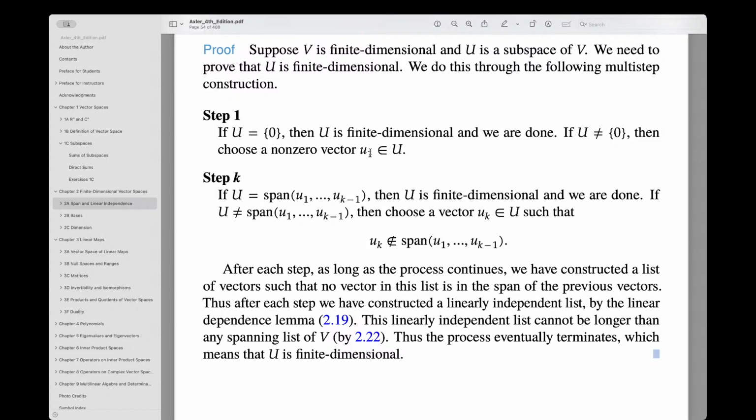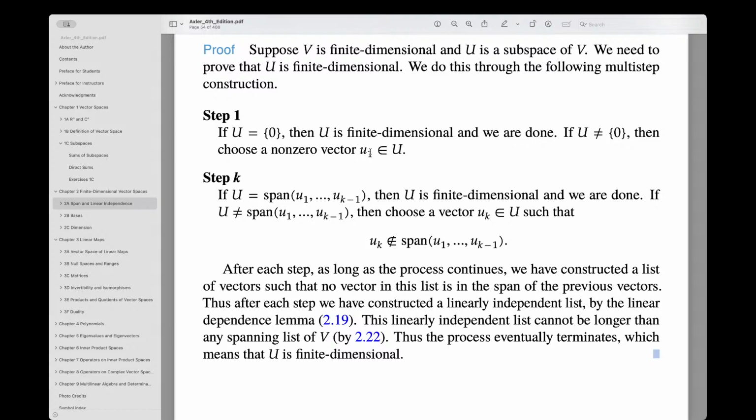For example, let's take R5. I can easily give you a list that spans it: 1 0 0 0 0, 0 1 0 0 0, and so on. There are 5 of these, the unit vectors in each of the dimensions, and that is a list that spans R5. So R5 is finite dimensional. Does that make sense?